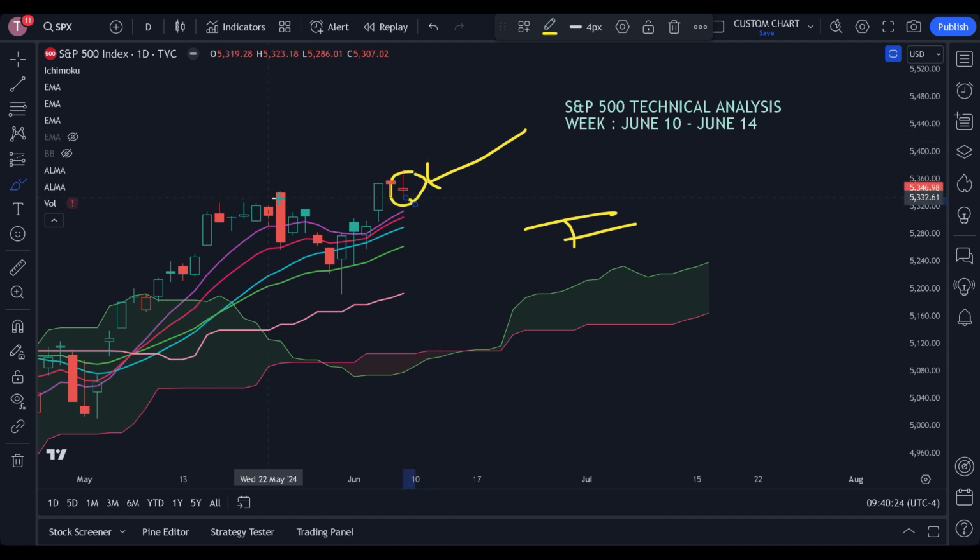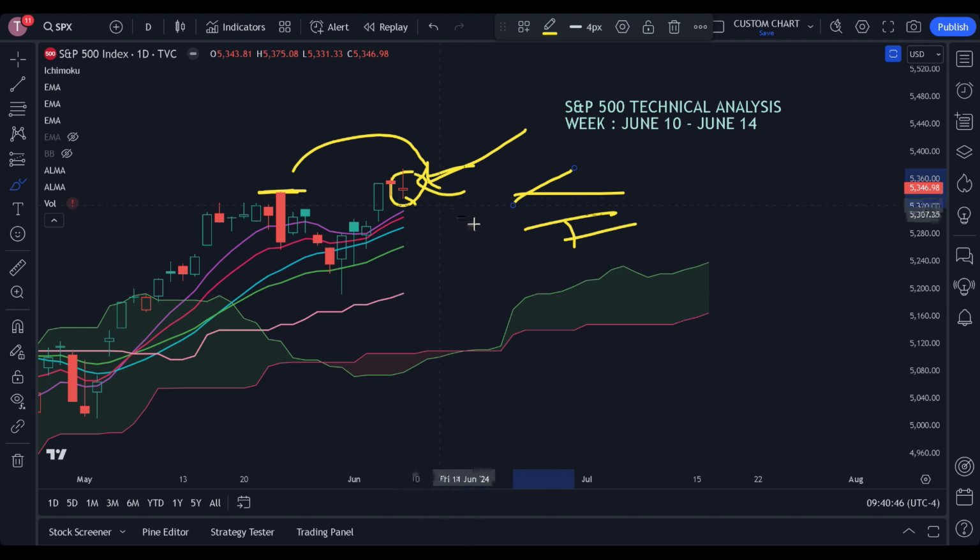The closing of the candle was at the previous all-time high. So considering all of these factors, this candle supports the sustained movement or the bullish side movement.